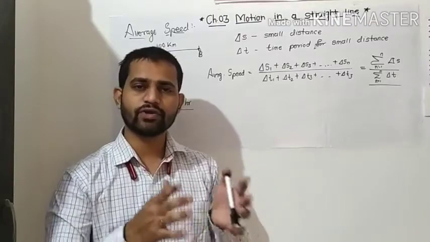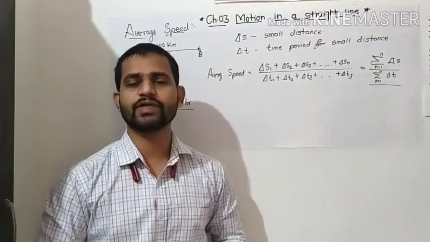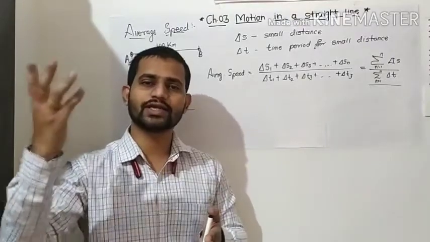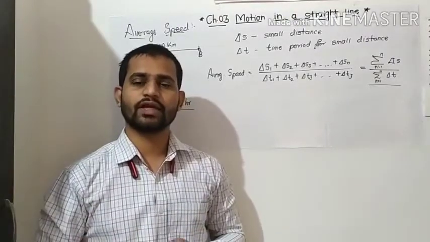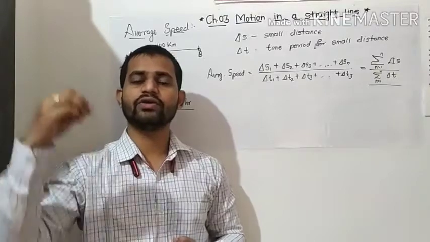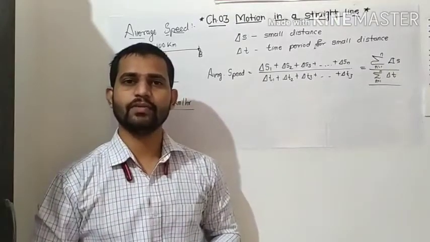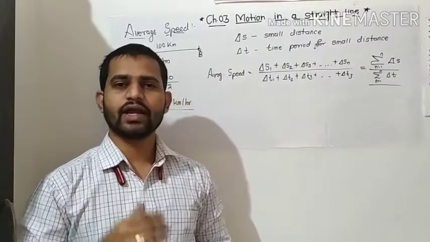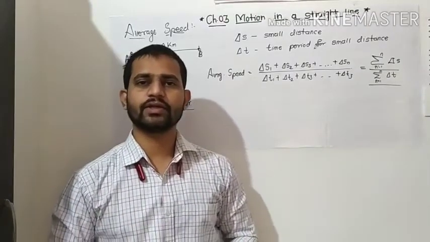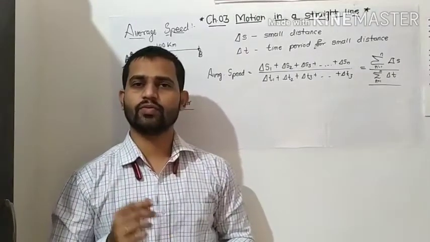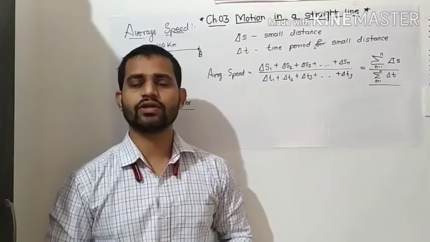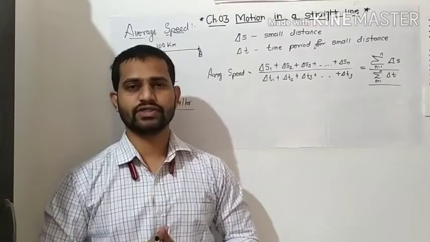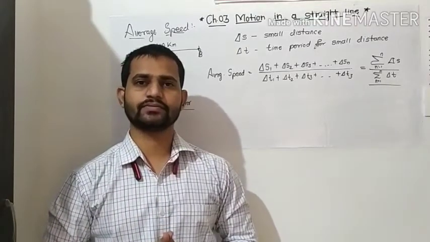After 0.1 second, how much will be the speed of the rocket, and how will that speed increase from 0.1 second to 1 second? So we have all the values for 0.1 second, for 0.2 second also. If we want the value of the speed at 0.15 second, can we calculate it?